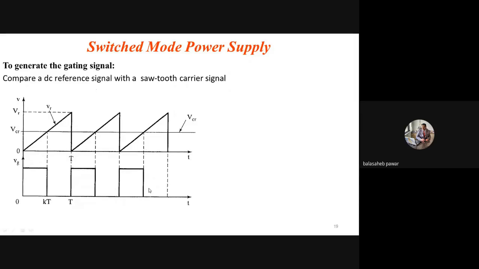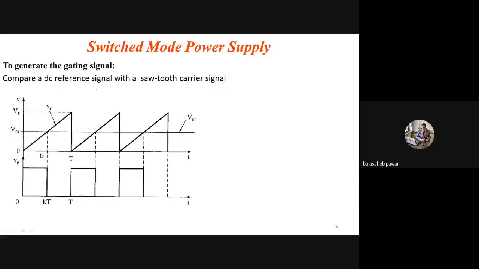Simply observe when that reference waveform, that is the sawtooth waveform, is less in amplitude than the carrier amplitude. Carrier amplitude is constant, it is a constant DC signal, while that sawtooth is a time varying signal. So you will observe for time period 0 up to over here, is it visible to all? My cursor.